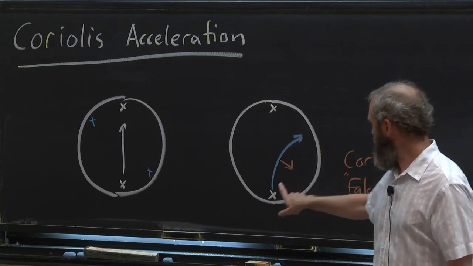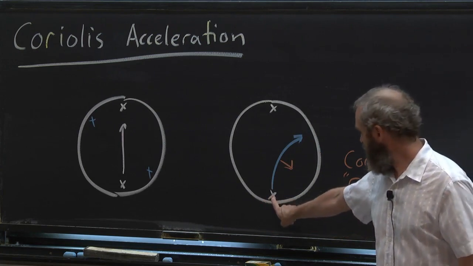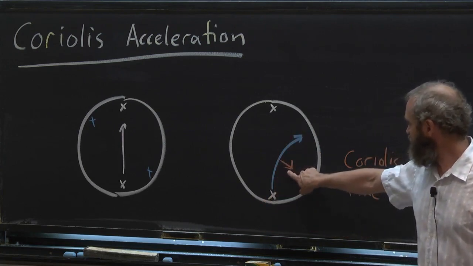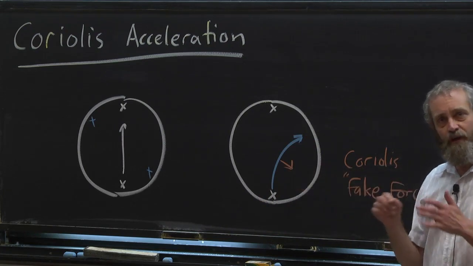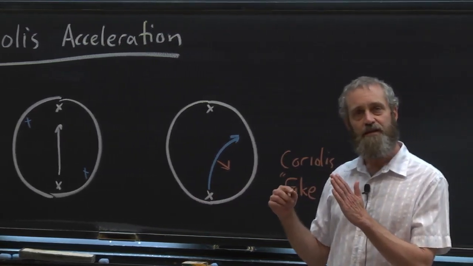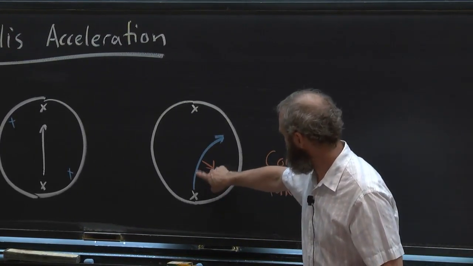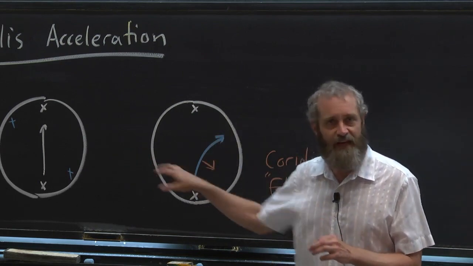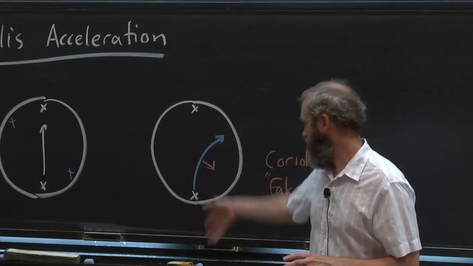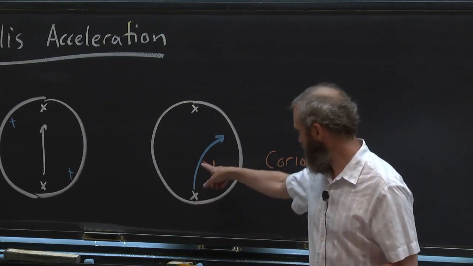And so we could sort of hack Newton's laws of motion to make the ball do that by adding this fake force, the Coriolis acceleration. It always goes at 90 degrees to the way the thing is moving, because we want this ball to turn. If the fake force was pointing forward, it would make it go faster, and we don't want that. Or if it was pointing behind it, it would make it slow down, and we don't want that either. So it has to be at 90 degrees.